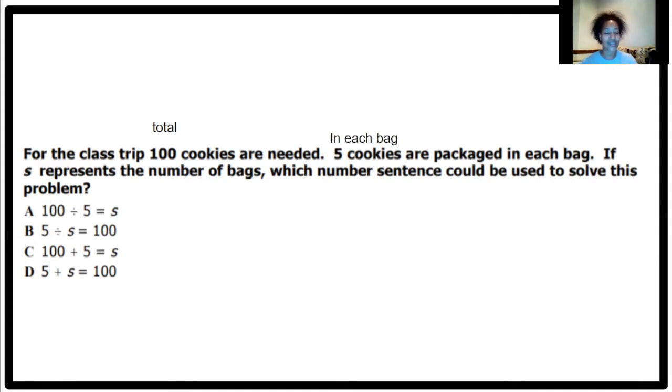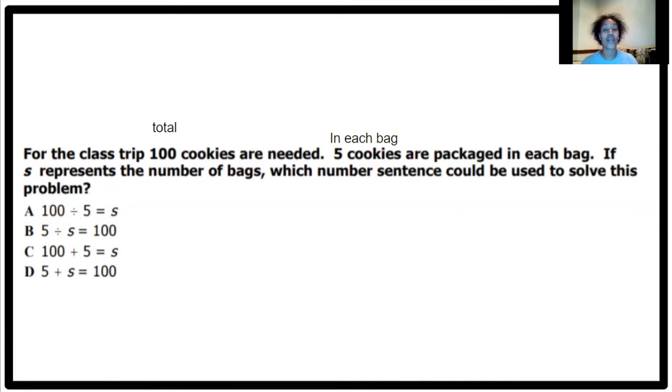If we're paying attention to this problem, we have the total and we're sharing or dividing and creating equal groups. So our equation has to have division in it. If we do the process of elimination, that automatically eliminates answers C and D. Then we look to see what we have left, to see which one makes best sense.